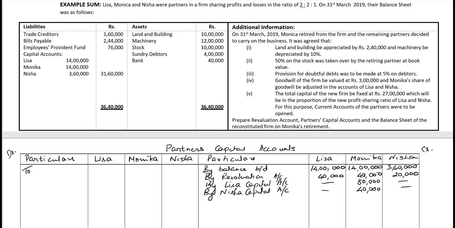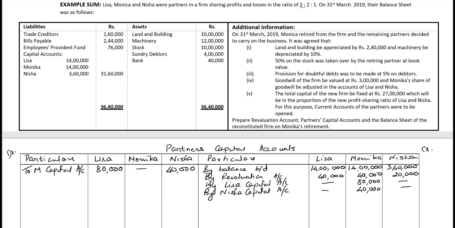And on the debit side, to Monica's capital account, under Lisa we'll write 80,000 rupees, and under Nisha we'll write 40,000 rupees. So we've treated the goodwill.